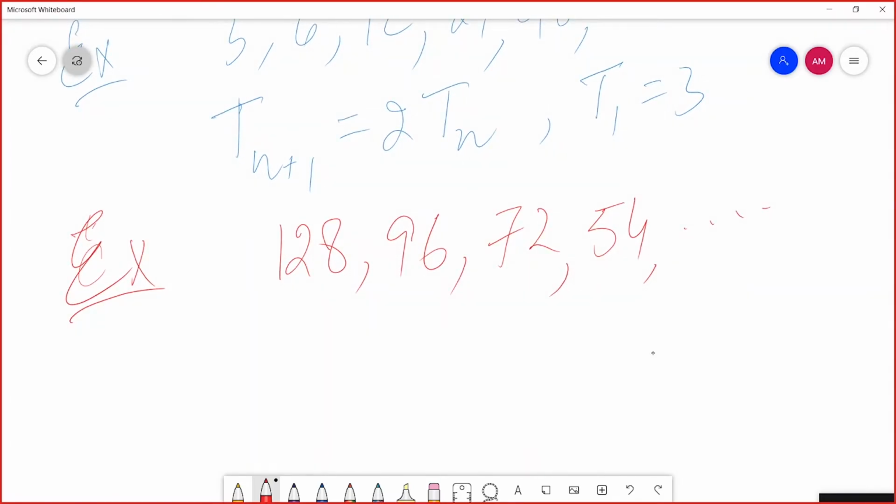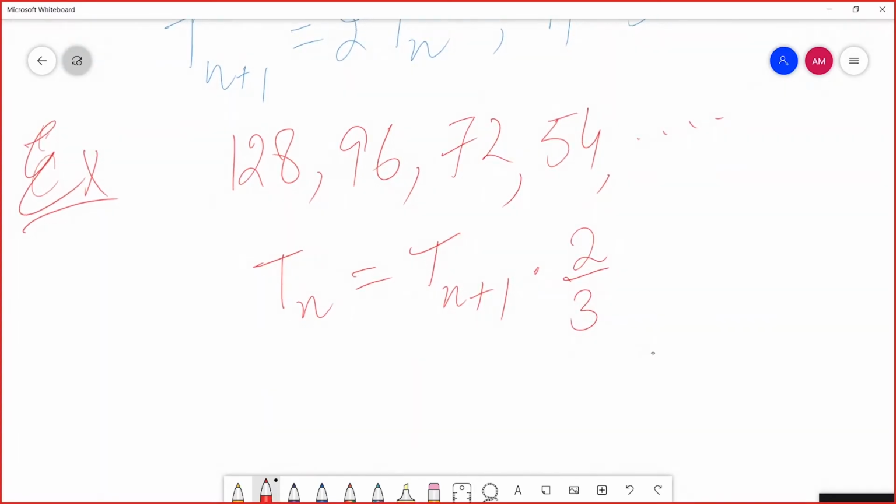Tn equals Tn plus 1 times 2/3. Like this?